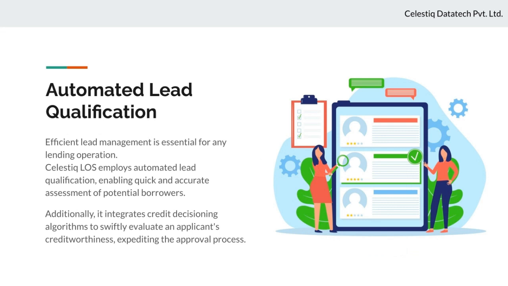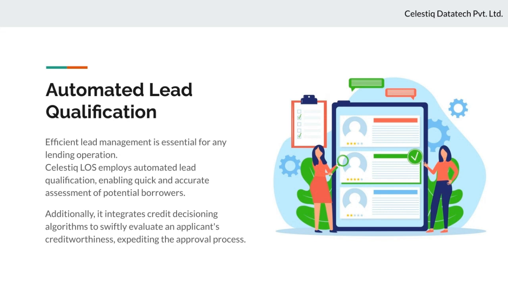Then we have an automatic lead qualification system, which helps you qualify leads automatically through predefined algorithms. So, for example, if a KYC verification fails for PAN or Aadhaar card, we can automatically reject leads. If the CIBIL score is below, say, 600, we can add that as a parameter for automatic lead qualification.